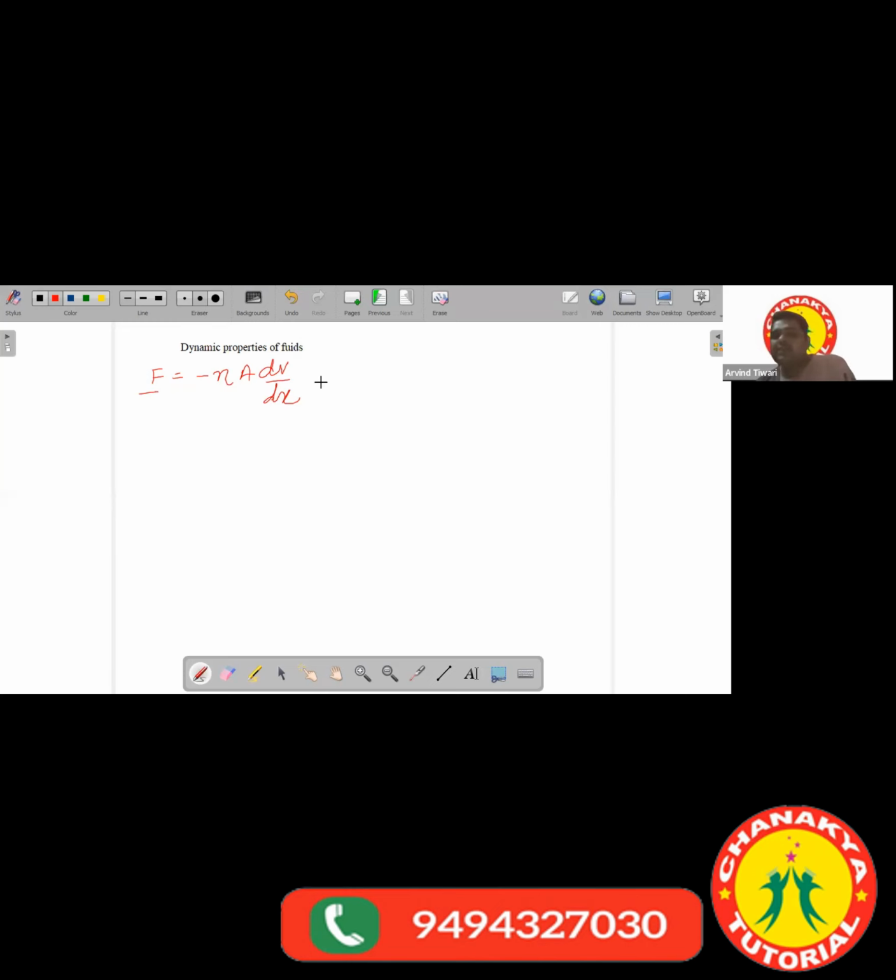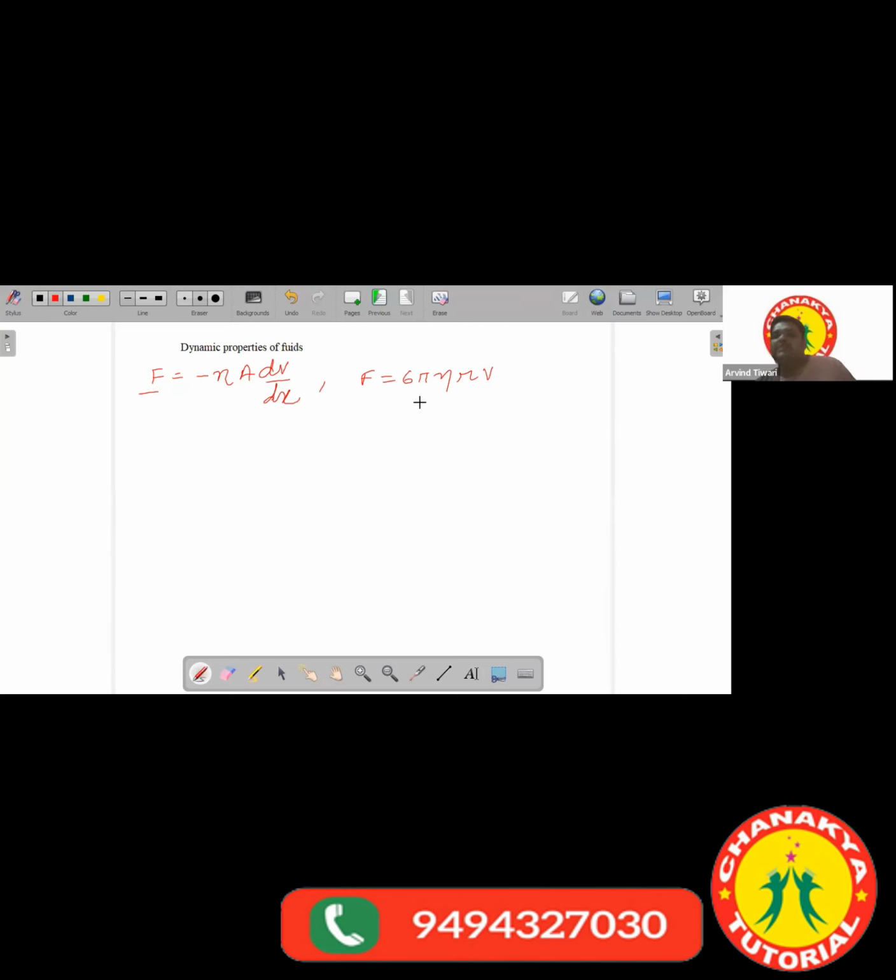Then second, we have the Stokes law. By the Stokes law, the backward dragging force F is given by 6 pi eta RV, where R is the radius of the substance, V is the velocity with which it is moving, and 6 pi is a constant, eta of course we know.